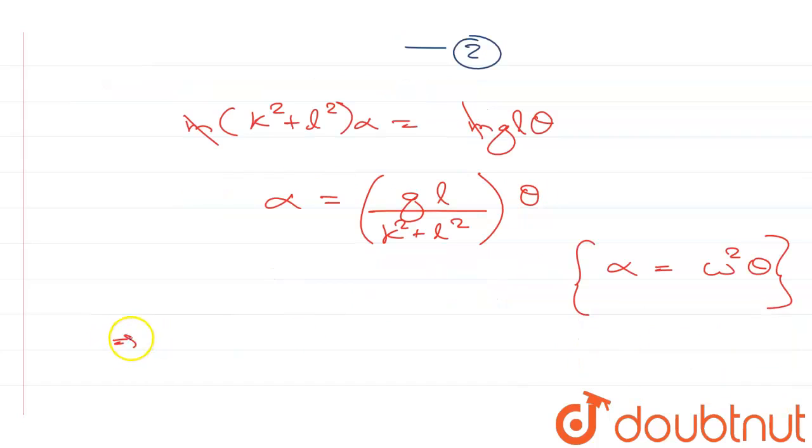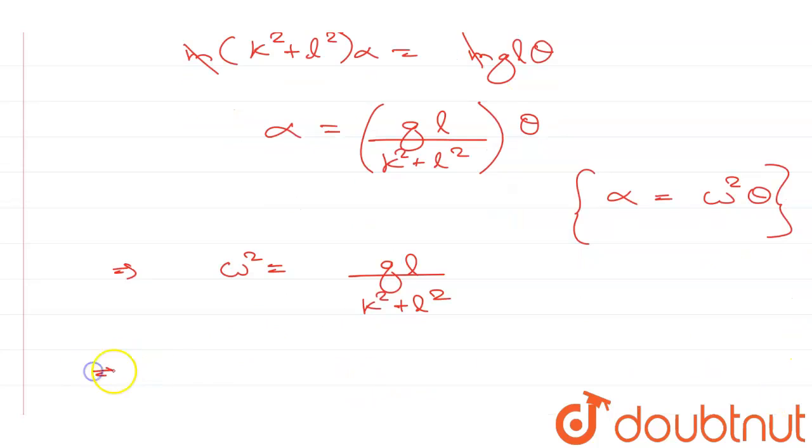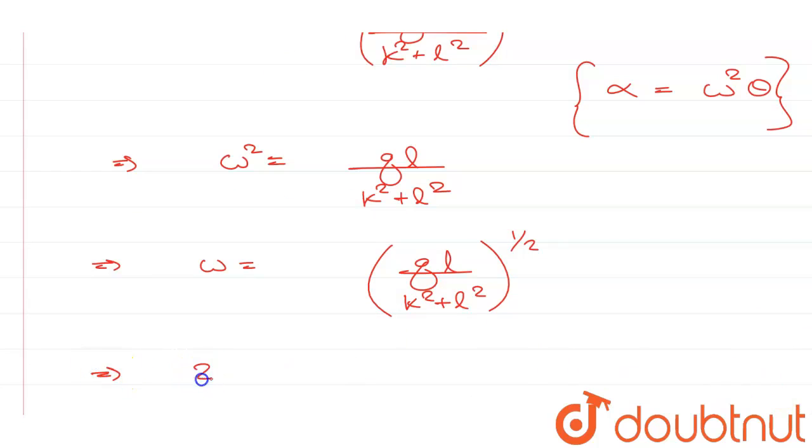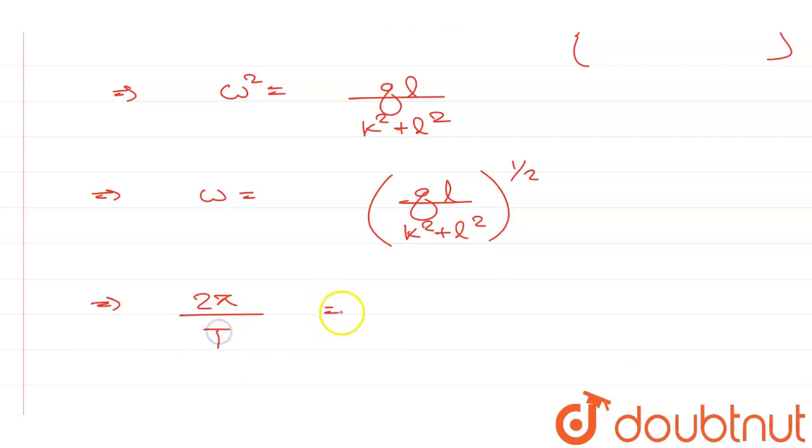So if I compare this equation with the standard equation of angular acceleration, I get omega square is equal to gL upon k square plus L square, which means omega is equal to gL upon k square plus L square to the power 1 by 2, and omega itself is equal to 2 pi upon the time period of oscillation T.